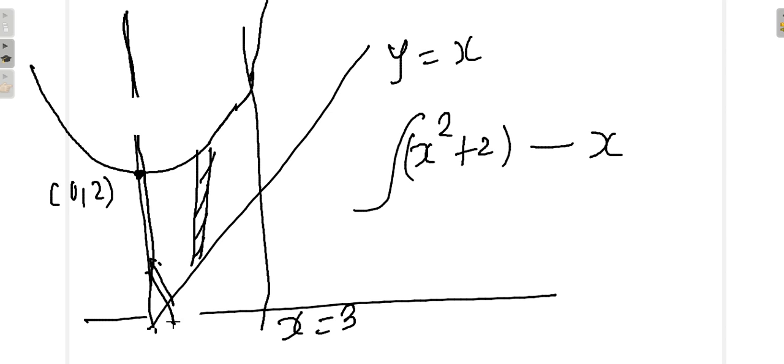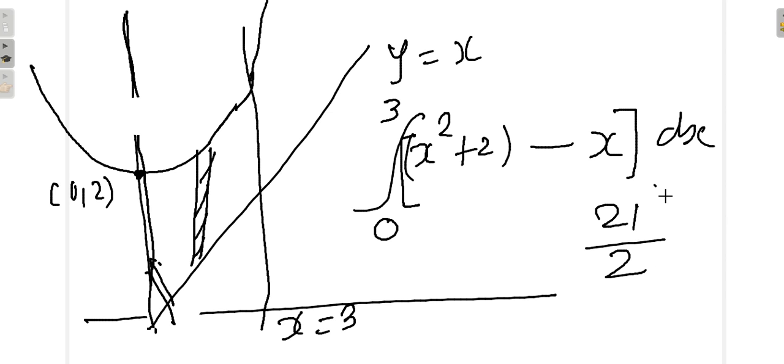Integrate this between the limits. You can see limits are x equal to 0 to x equal to 3. And the answer of this is 21/2. Please check the answer.